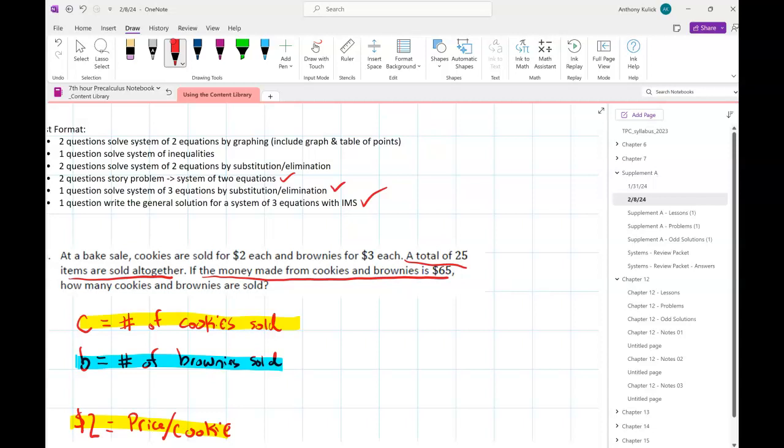Can I borrow a calculator? Do you have any other calculators or no? I do not.